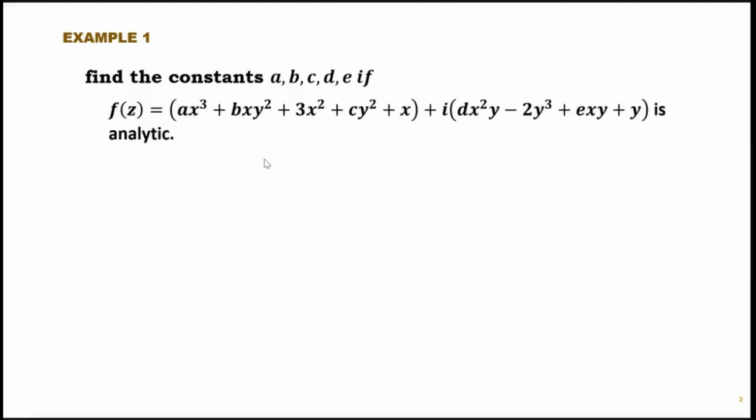Find the constants a, b, c, d, e if f of z is analytic. Find the constants a, b, c, d, e if f of z equals ax cube plus bxy square plus 3x square plus cy square plus x plus i into dx square y minus 2y cube plus exy plus y.